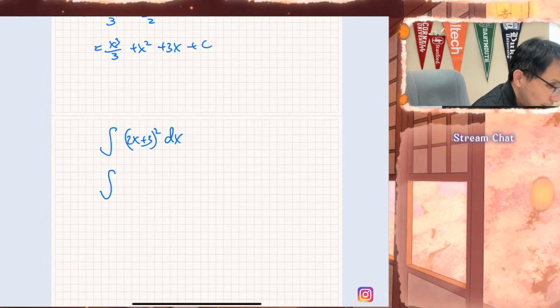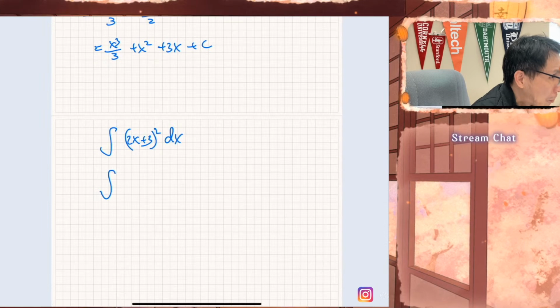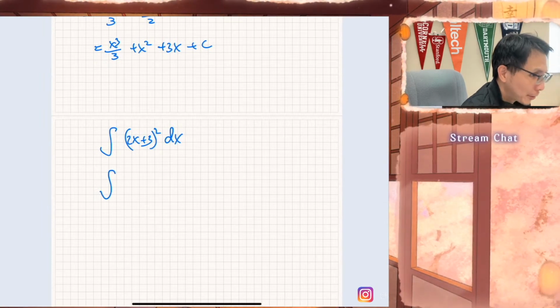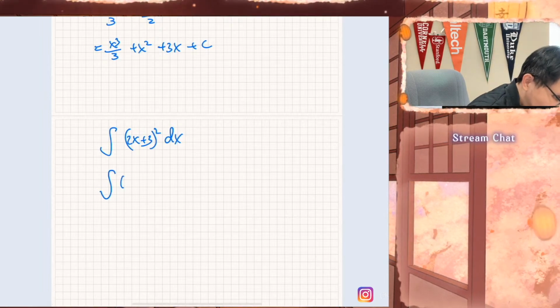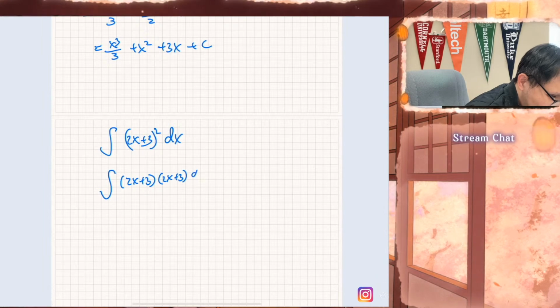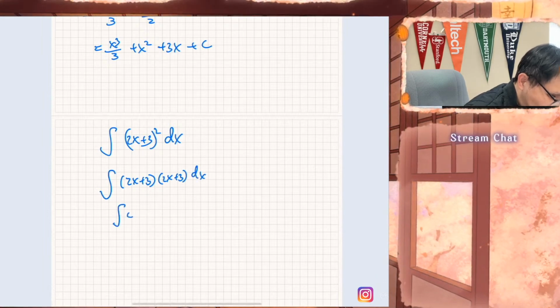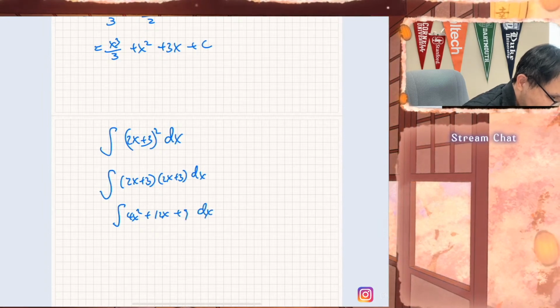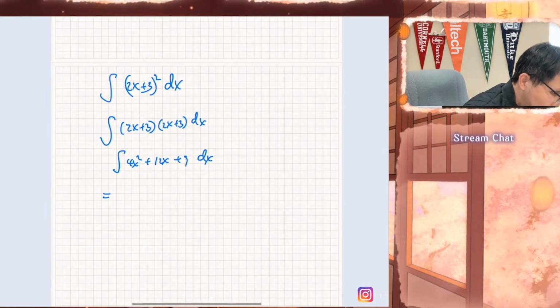So what is it? 4x squared plus 9? No, it's 4x squared plus 12x plus 9. There you go. Don't kill a puppy, right? So that should be 4x squared plus 12x plus 9 dx. And you should know how to take the integration of this now.